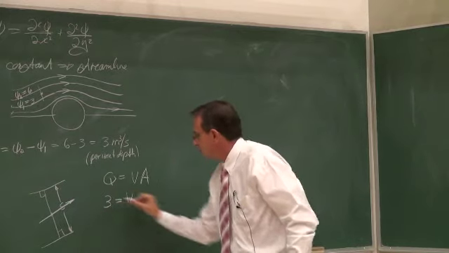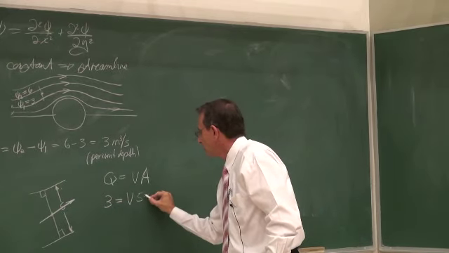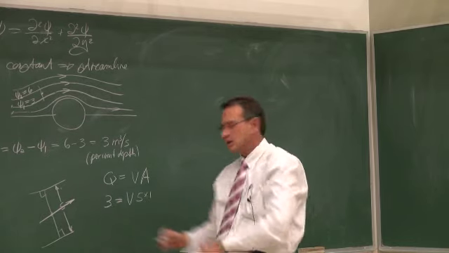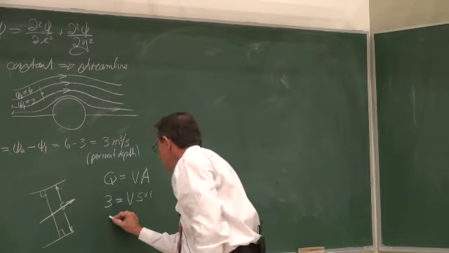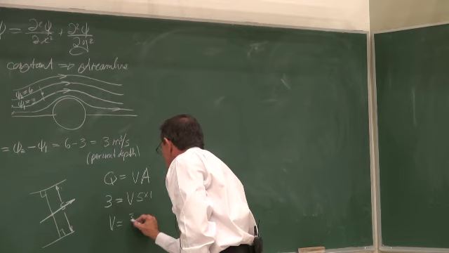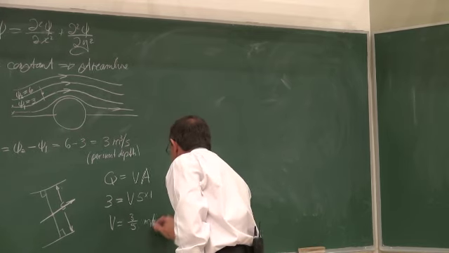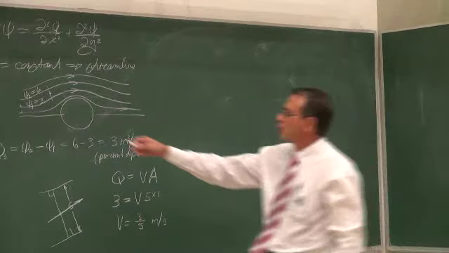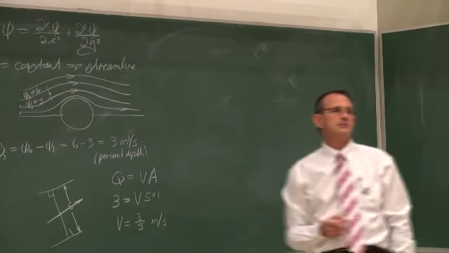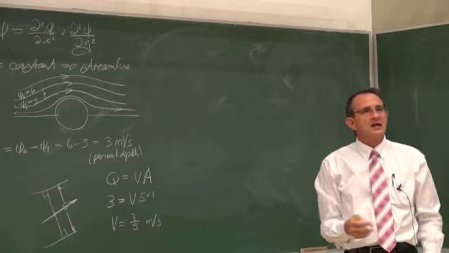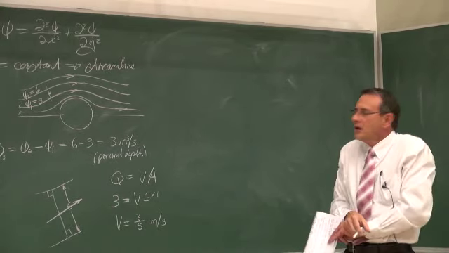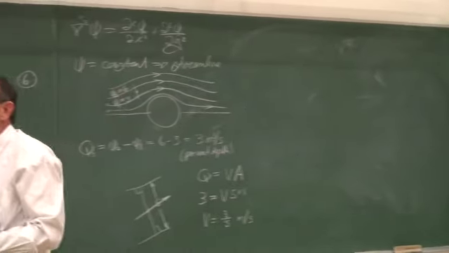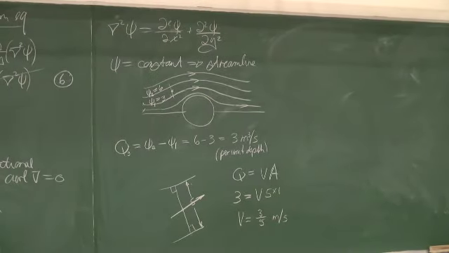And that area would be equal to 5 multiplied by 1 if it's 1 meter in the Z direction. So it means the velocity is equal to 3 divided by 5 meters per second at that point. And you can go and solve it wherever you want. So that is an easy, practical way of getting a good feeling of what happens with streamlines.